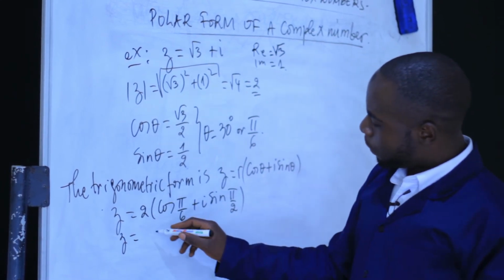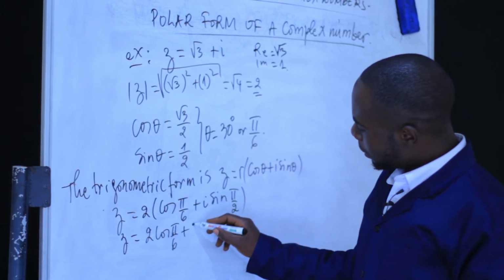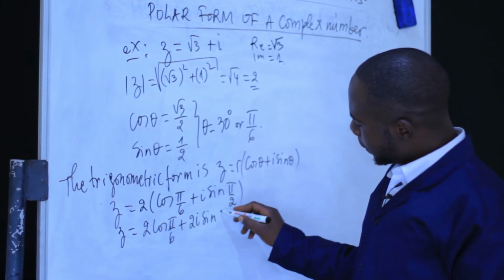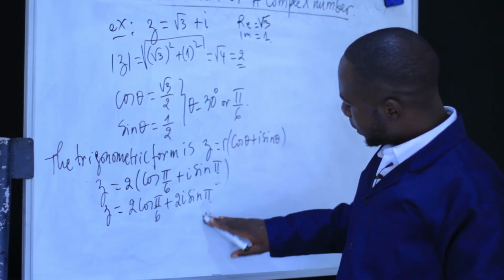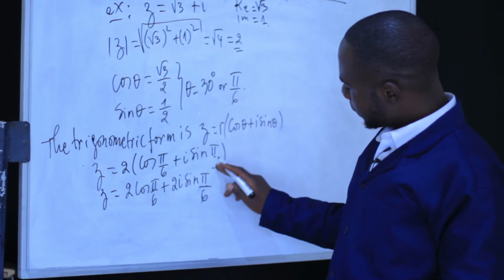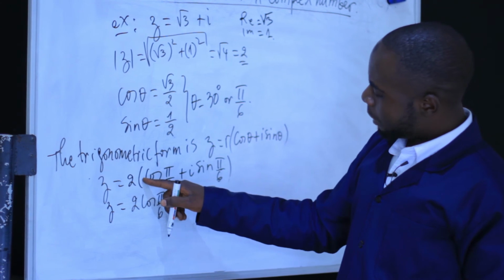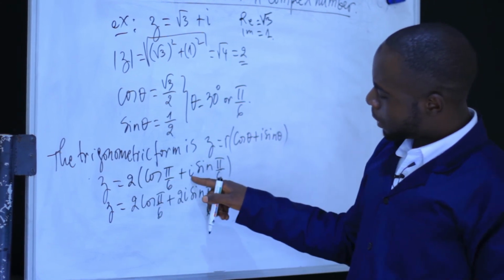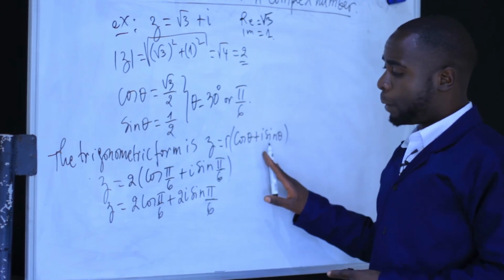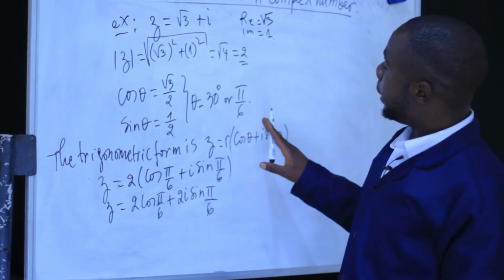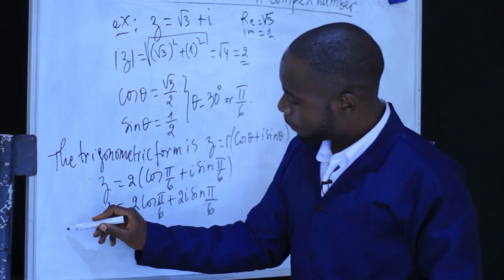The trigonometric form will be 2 cos pi over 6 plus 2i sin pi over 6. This 2 has come here, and this 2 has come also to multiply here. This is the trigonometric form of our complex number.